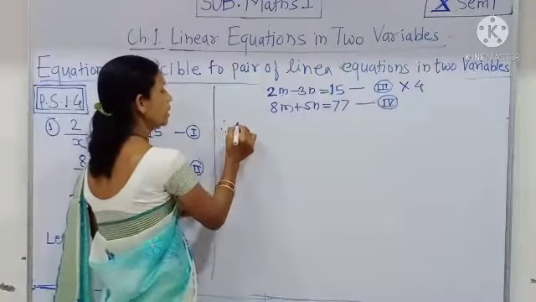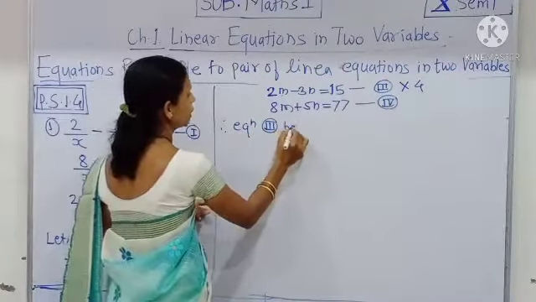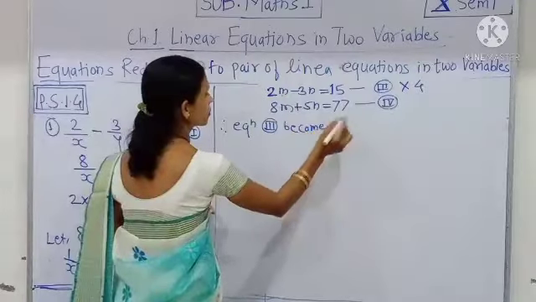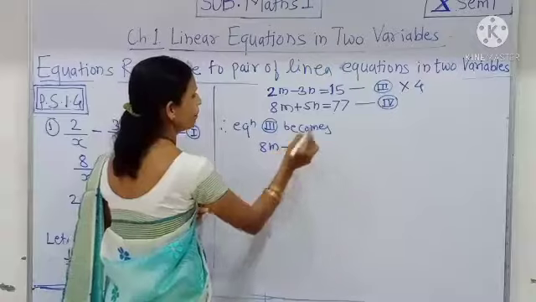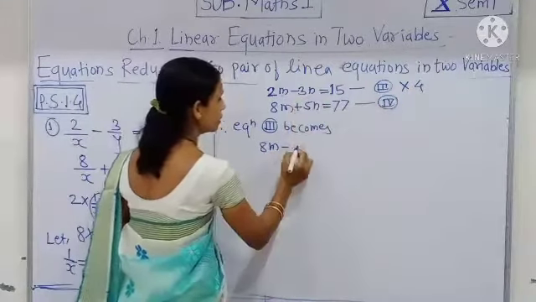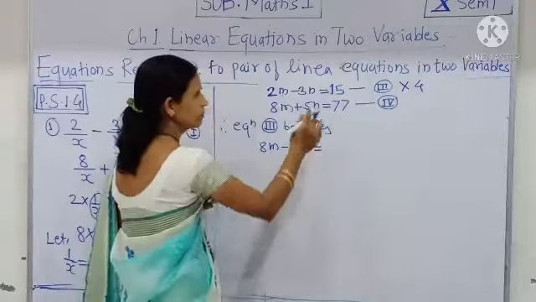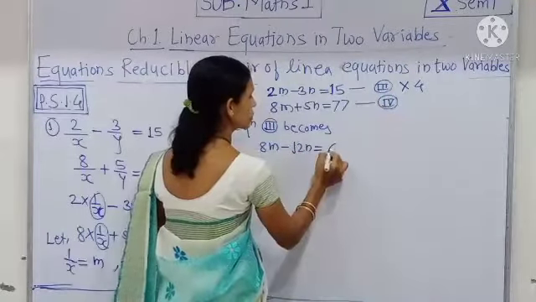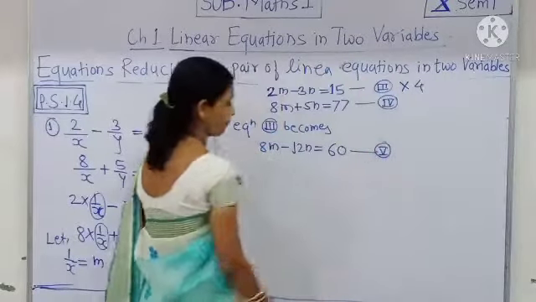Therefore, equation 3 becomes 4 into 2m, that is 8m, minus 4 into 3n, that is 12n, is equal to 15 into 4, that is 60. Let this be equation number 5.